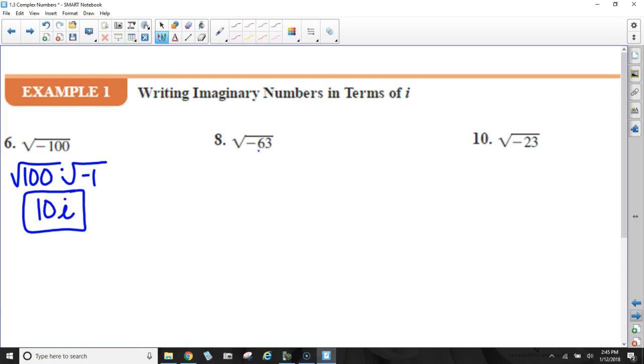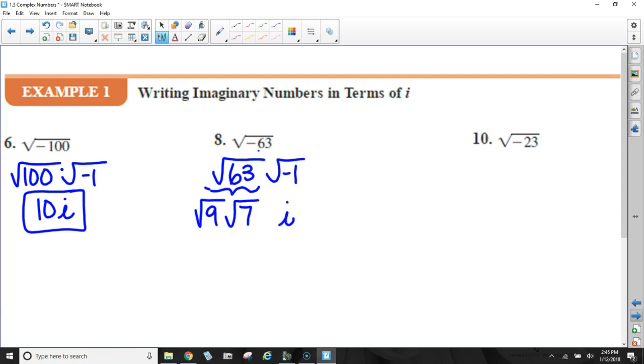The square root of negative 63 is the square root of 63 times the square root of negative 1. Now again, anytime you have a radicand that will factor into perfect squares, you want to break that down. For the square root of 63 here, I'm going to write that as the square root of 9 times the square root of 7.